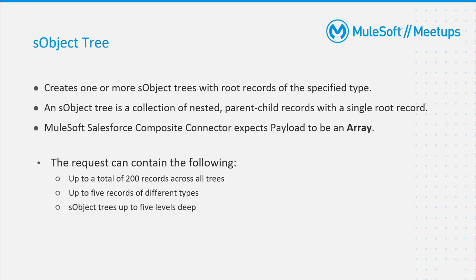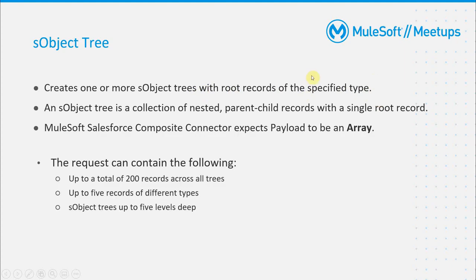In Salesforce, think of a parent account. Account is the parent, the root, and it has multiple children, say contacts, right? An account can have multiple contacts, and further, a contact can have multiple opportunities. So it says it creates one or more sObject trees with records of the specified type.